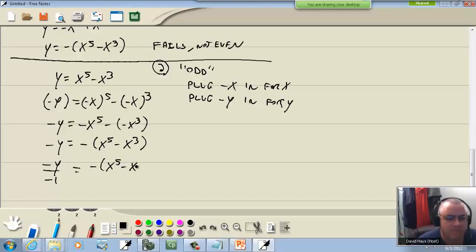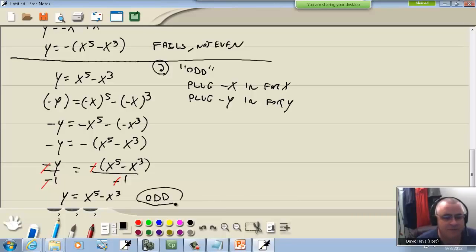Those negatives cancel, and we end up with y is equal to x to the fifth minus x to the third, which is our original function. That's what would make this algebraically odd.